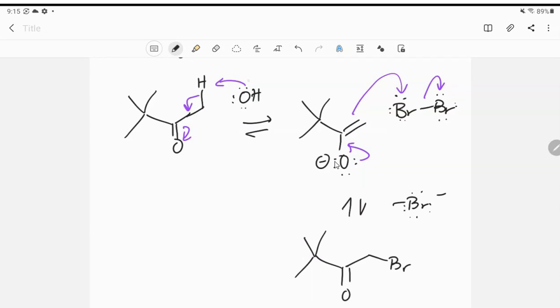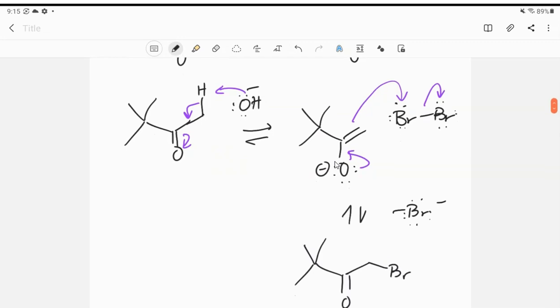So the important thing here is last time the intermediate for this was not an enolate, right? For the acid catalyzed one, it's an enol. So what we're deprotonating in the last mechanism, the acid catalyzed one, is the carbocation, right? We're eliminating with the carbocation there. And we didn't have a strong base present, so we needed a really good acid.